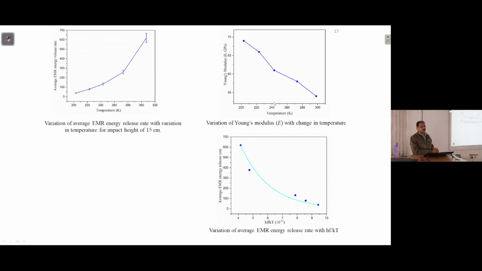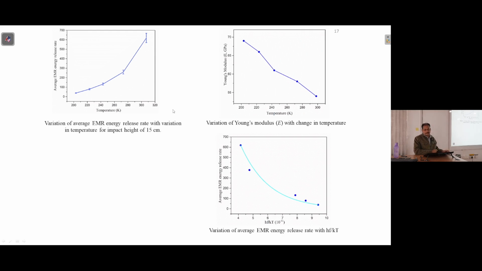In order to have a possible explanation, we had also conducted some mechanical tests. We tried to obtain the Young's modulus. For that we used strain gauges on the samples and applied a static loading, and with the strain measurement and using the two values we finally got this Young's modulus.